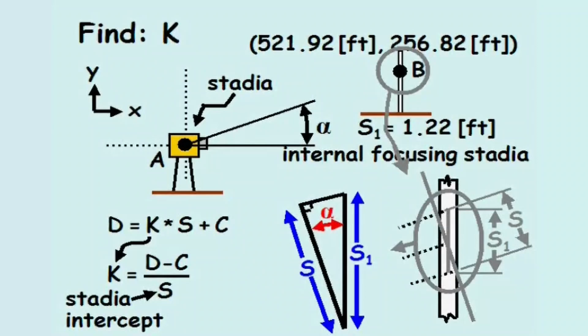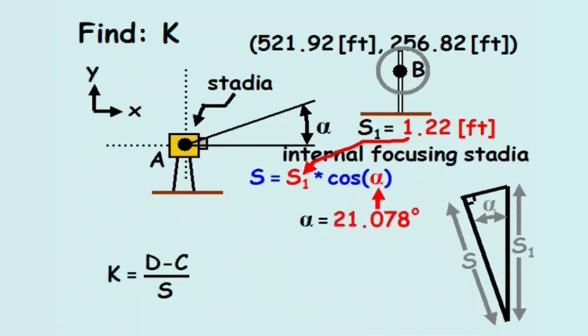This shows why we can use the equation S equals S1 times the cosine of angle alpha. If we plug in the known values of S1 and alpha, the stadia intercept, S, equals 1.138 feet.